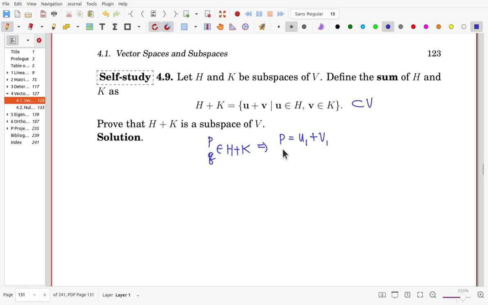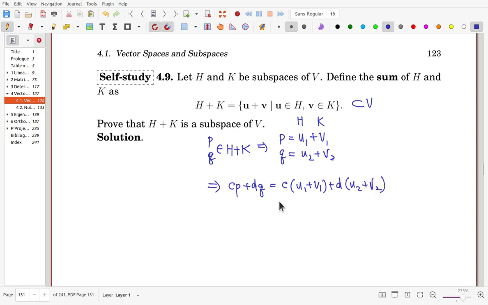Now Q is U2 plus V2. Of course, U's are from H, V's are from K. Now we consider their linear combination, CP plus DQ, then C(U1 plus V1) plus D(U2 plus V2).